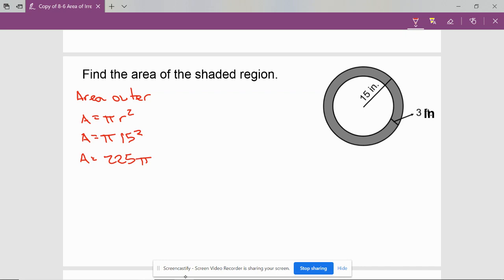So our area is equal to 225 pi. And then if we look at the area of our inner ring, that's area equals pi radius squared.